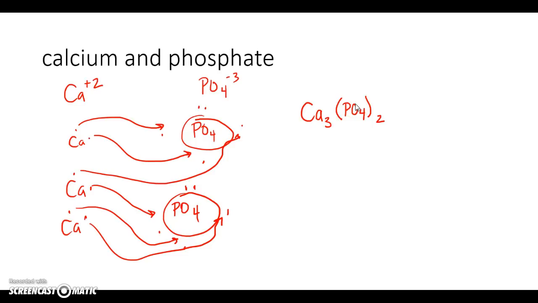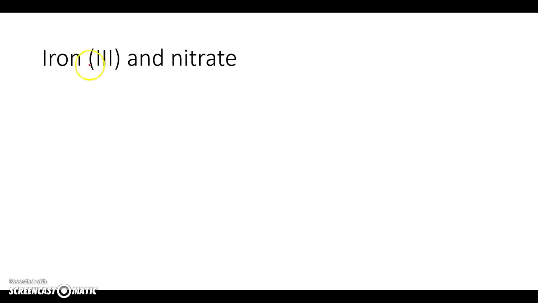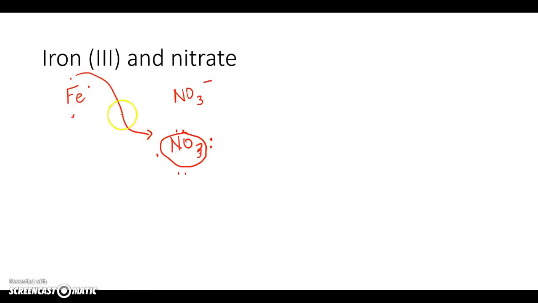There's another situation where we now have a transition metal. So remember, for transition metals, the Roman numeral tells you how many electrons you have. So this tells me we have iron 3. Nitrate, when I look at my polyatomic chart, it shows me that it's NO3 with a minus charge. That means that it has 7 valence electrons. And remember, we're going to look at these polyatomic ions as just one group. So in this case, I have 1 electron going to 1 nitrate.